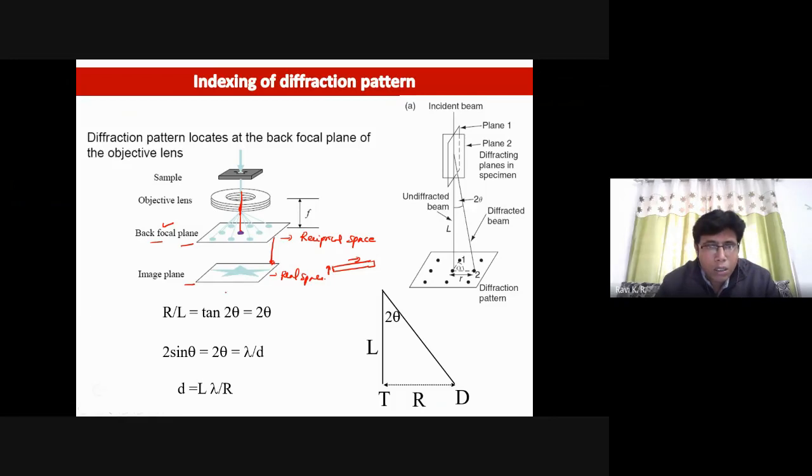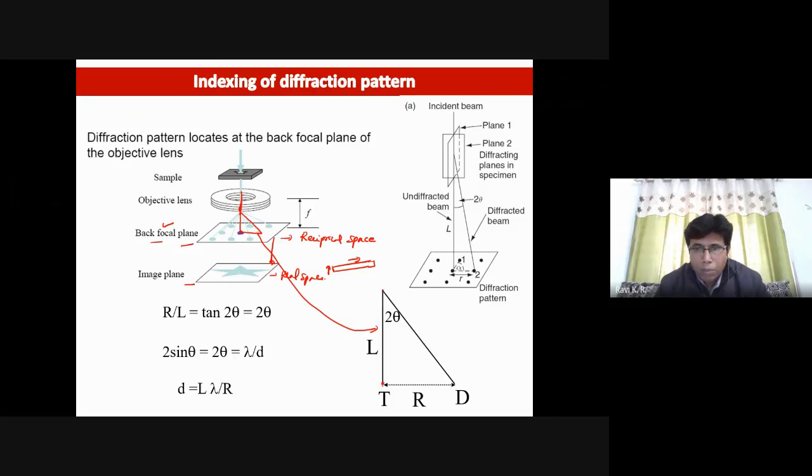Now this is one of the diffracted spots. What you're going to do is connect all these things together, so that is what you are seeing here. This is the beam which is coming out, then it is getting diffracted.